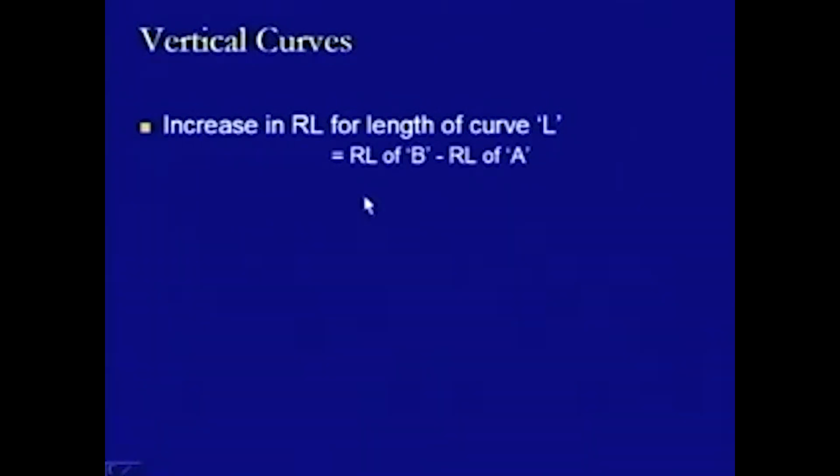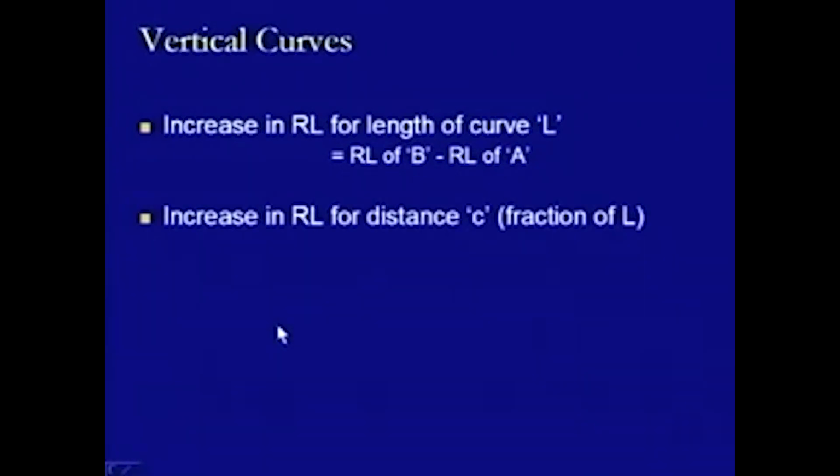This will be nothing but the RL of B minus RL of A. If we have the RL of B and RL of A as computed by the previous two formulas, then we can find out the increase in the RL over the length of curve L. The increase in the RL for any distance C, which is some fraction of the curve length L, can also be computed, and this will be the increase in RL for L multiplied with the fraction C divided by L. We are trying to convert the overall increase in the RL, which was related to the length L, in terms of the fraction.